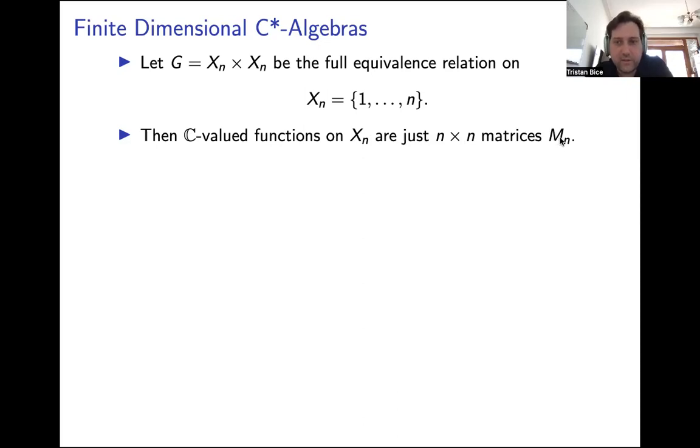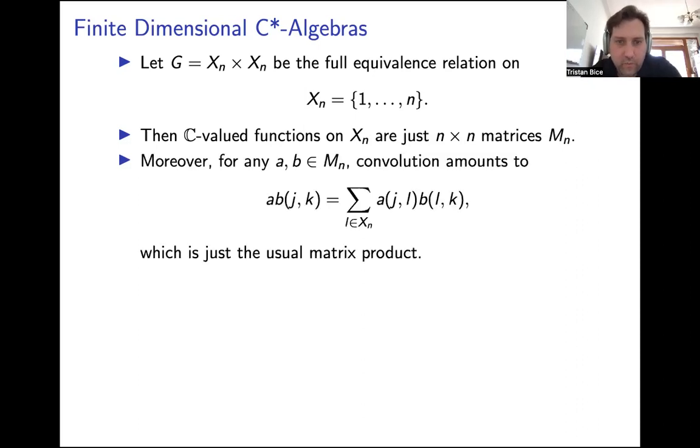And a matrix is in essence just a function from n times n to the complex numbers. But so you might write it in a kind of square form, but every entry can be considered as the value of the function at that particular pair, right?